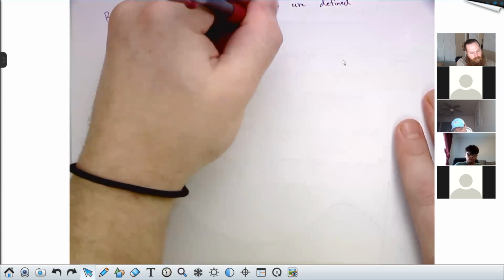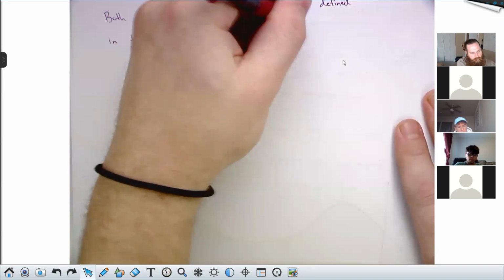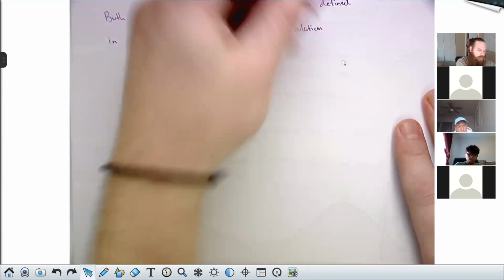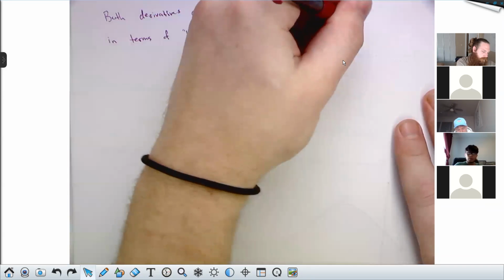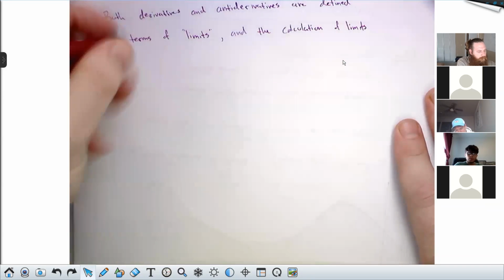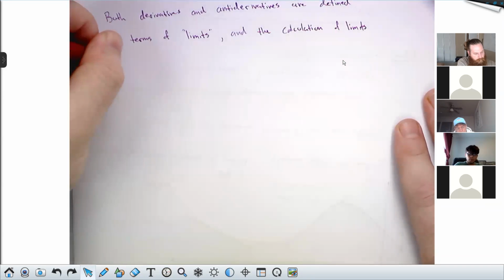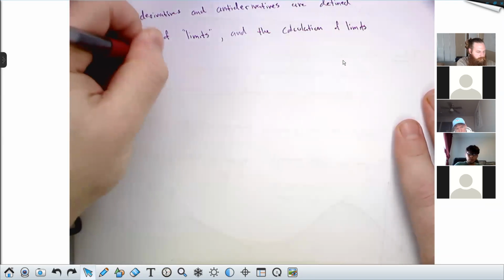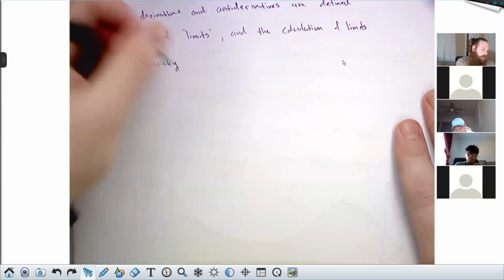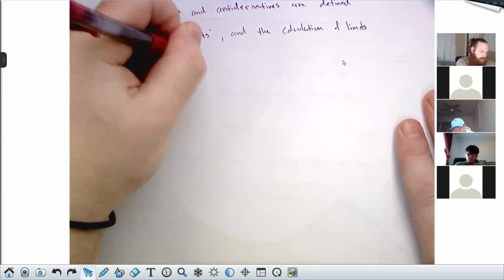And the calculation of limits can be a little bit tricky algebraically.